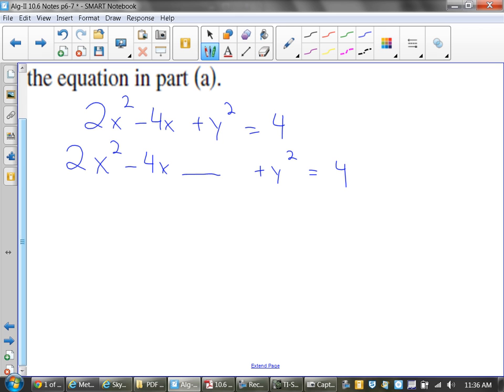In order to complete the square, one of the things you had to have done first was that your leading term coefficient always had to be 1. Right now, it's a 2. It's 2x squared, which means I have to factor out a 2 from the x squared and the x. So I get the following.